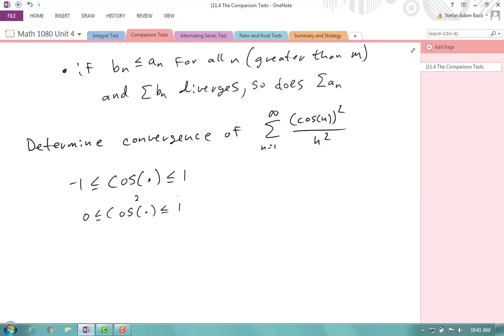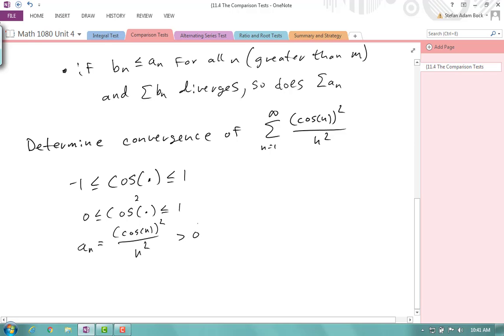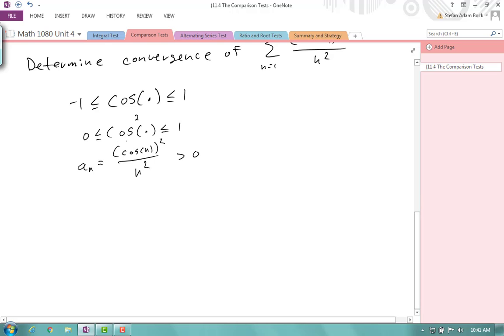But that means the terms of this series, a sub n equal to cosine of n squared over n squared, are all positive terms. But since cosine squared is less than 1, I can replace that with a b sub n equal to 1 over n squared, which will be greater than cosine of n squared over n squared equal to a sub n.